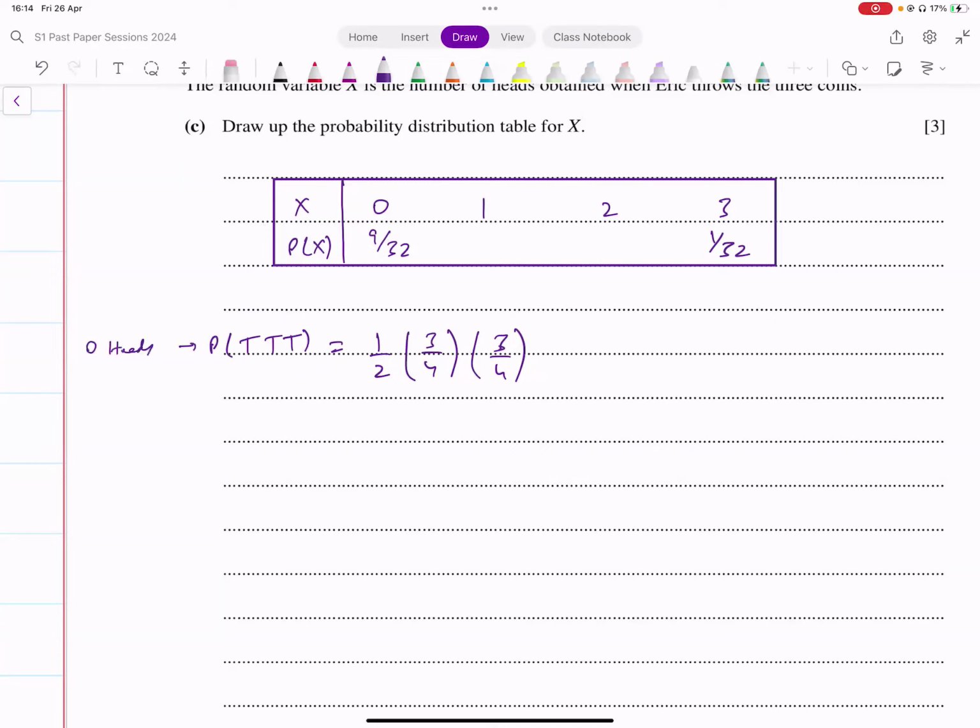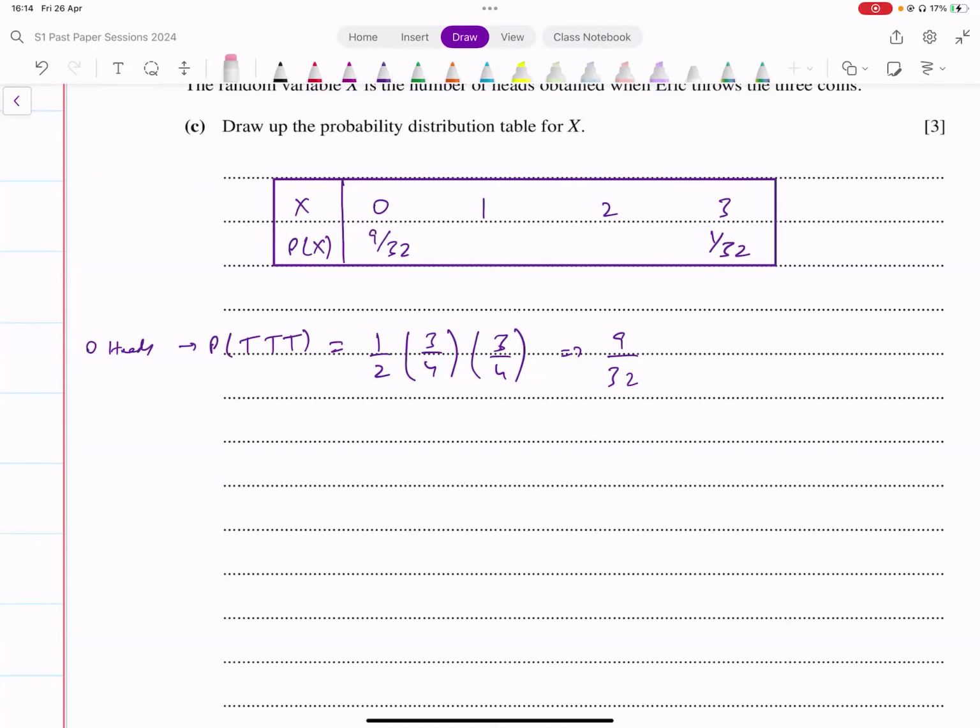Right? If we have 3 tails, that essentially means 0 heads. So this is the probability that we get 9/32. It's the same thing. If we say there are no heads, that essentially means there are 3 tails, right? So there's no need to subtract anything from 1 here. We already know the probability of 3 heads as well. That's 1/32.